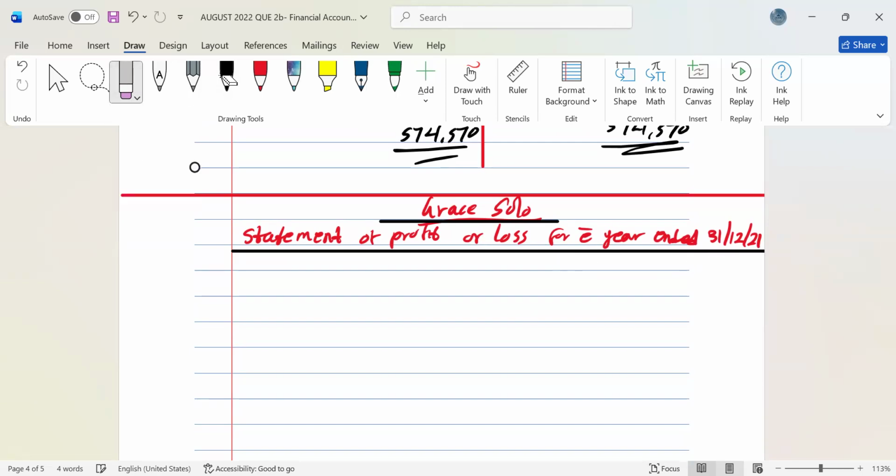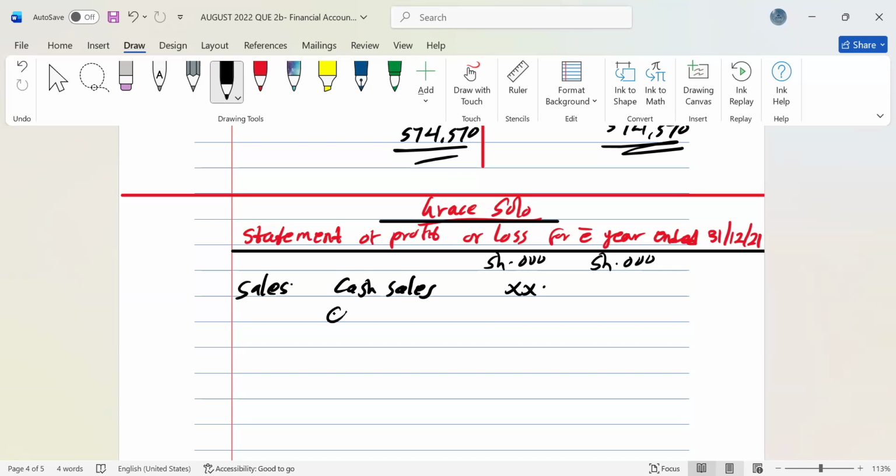Let me do this first. Say shillings in thousands. In this case, we will have our sales. Under sales, we'll have cash sales, which we can denote with XX.